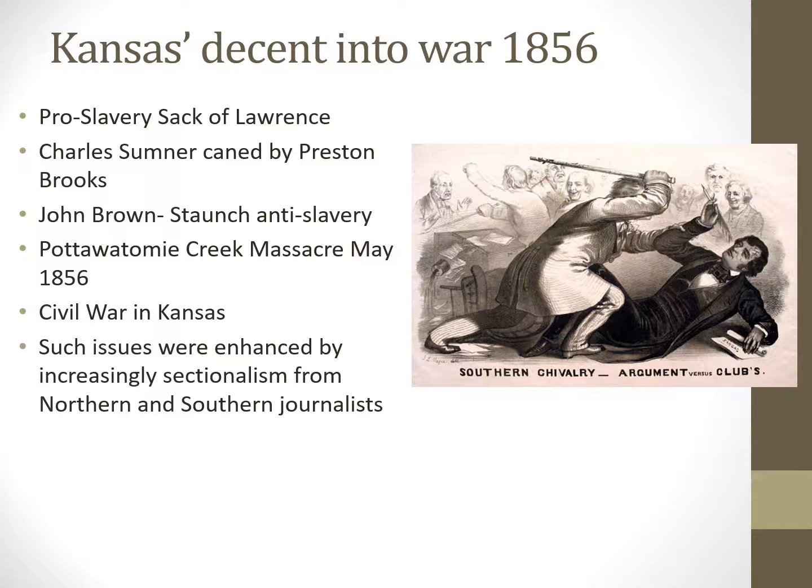In challenging so-called Southern honor, Preston Brooks from South Carolina, imaged here in a lithograph, caned Sumner almost to death. He hit him on the head with a cane that had a gold handle on top, and Charles Sumner was hit some 30 times, and he had to go to Europe at one point for special treatment. He had psychological issues.